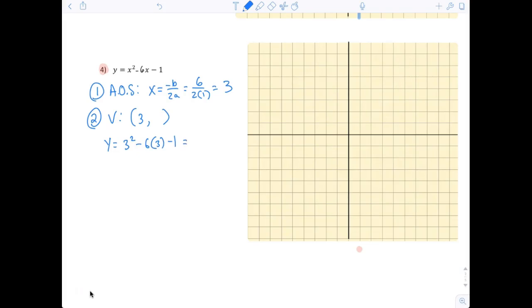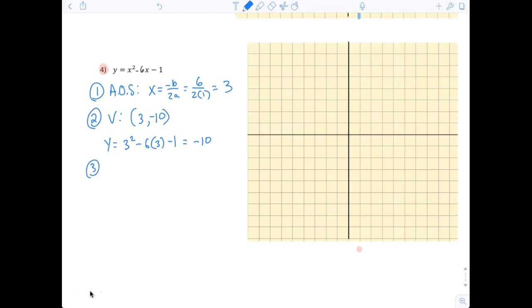If you do that, that is what? 9 minus 18 minus 1, negative 10. Everybody okay with that being negative 10? All right, so your vertex now is 3 comma negative 10. Agreed with that? Now if your vertex is 3, negative 10, I need your y-intercept.